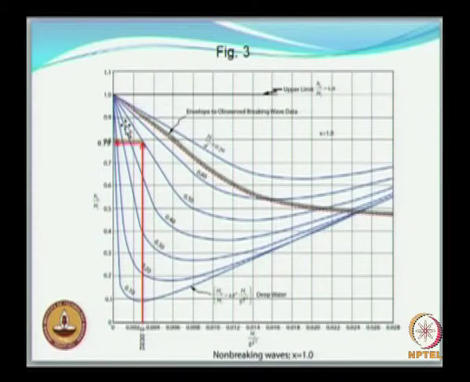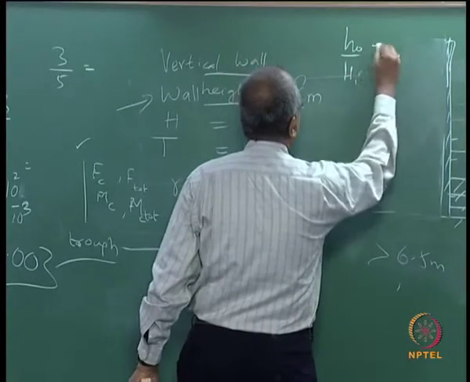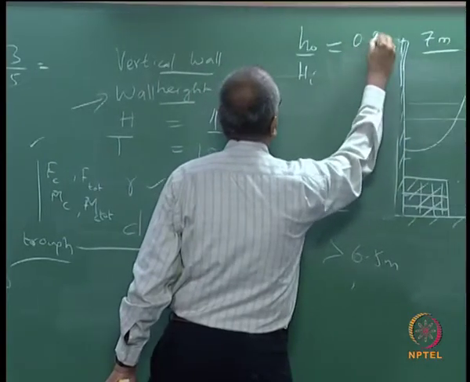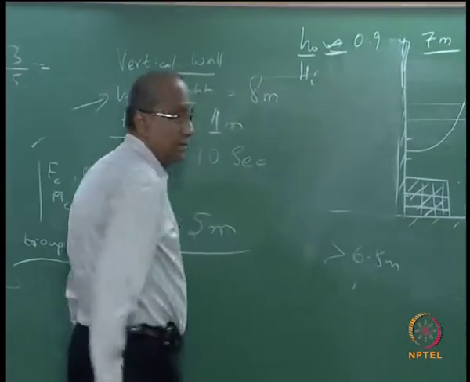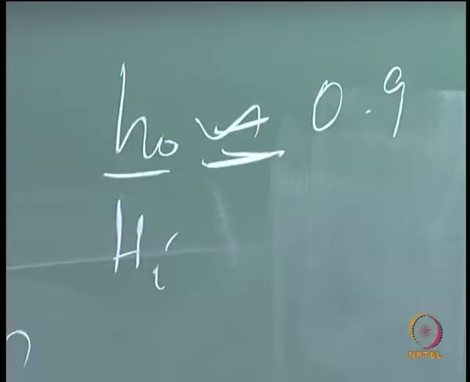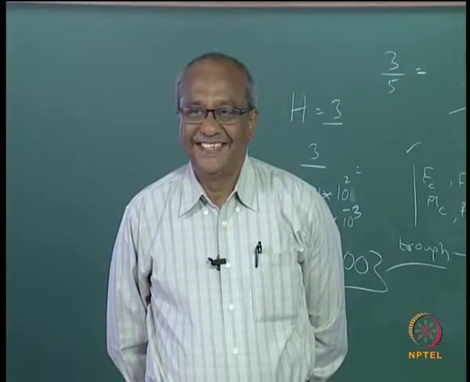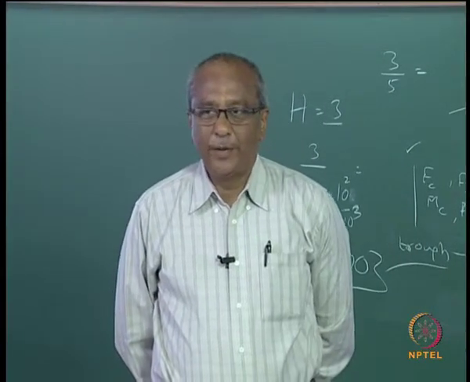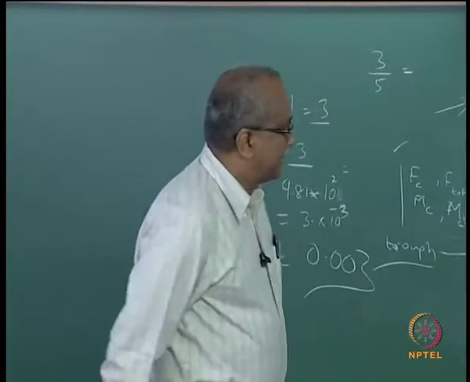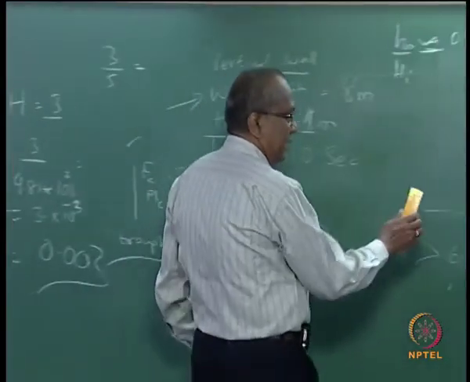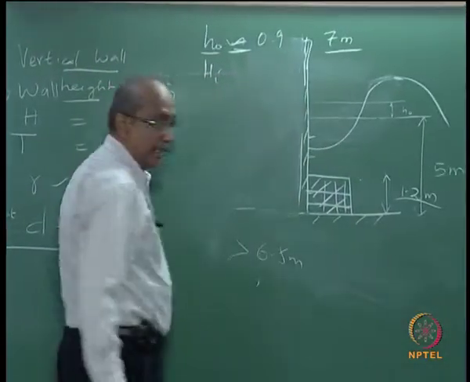So that is H naught by Hi, approximately 0.9. So H naught will be almost equal to H. Now you understood, right? So you need to calculate all this stuff.